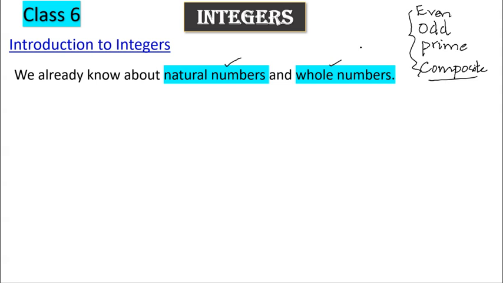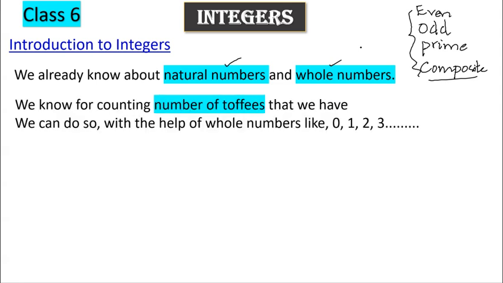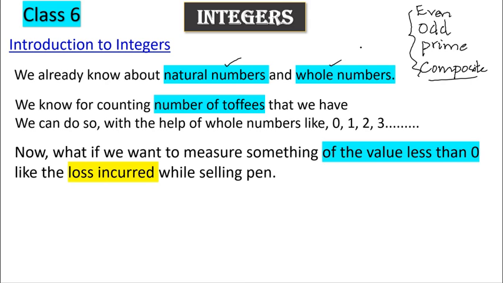We know that for counting the number of toffees that we have, we can use whole numbers like 0, 1, 2, 3, and so on. Now, what if we want to measure something of value less than 0, like a loss incurred while selling a pen?